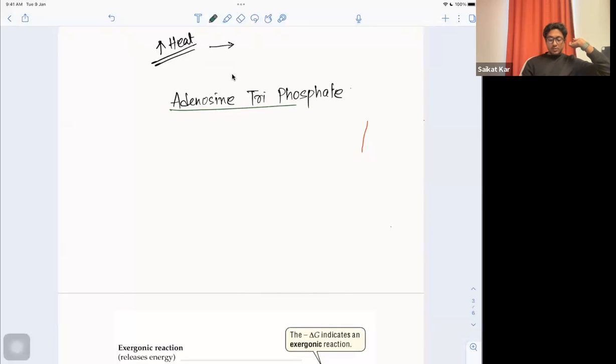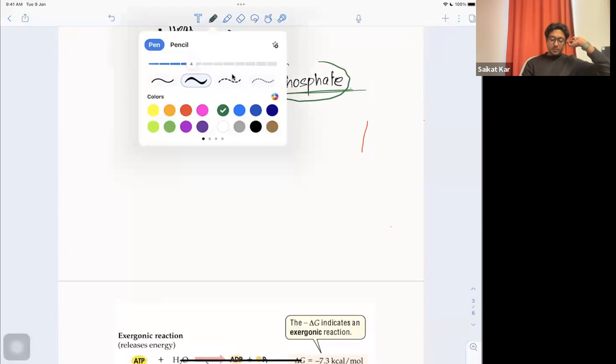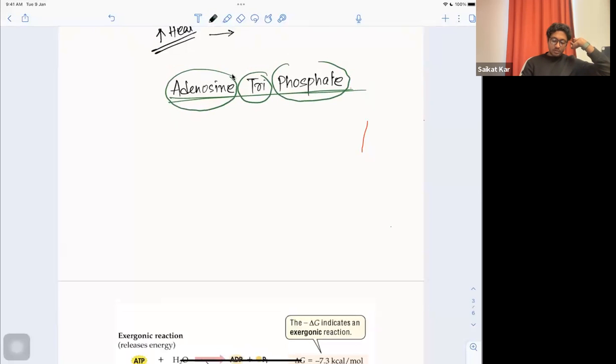To form this molecule, adenosine and then phosphate and then 3-phosphate, first there should be a sugar. Like when we are having glucose, we are not storing it for any purpose.